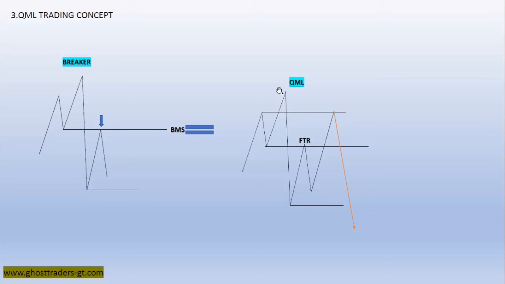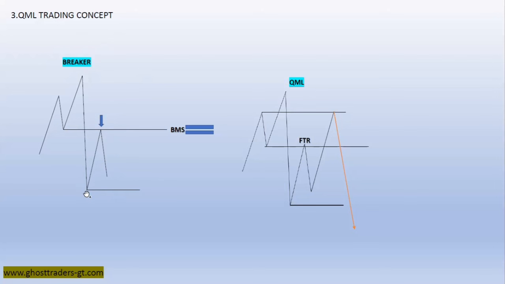So now let's look at a breaker. Because when you look at the breaker, it's almost similar to a QML, okay? So a lot of times when price gets to this level of our breaker, we get to see price going up, okay? If price goes up, most of the time you find that there is an institutional reference point resting on this low, okay?